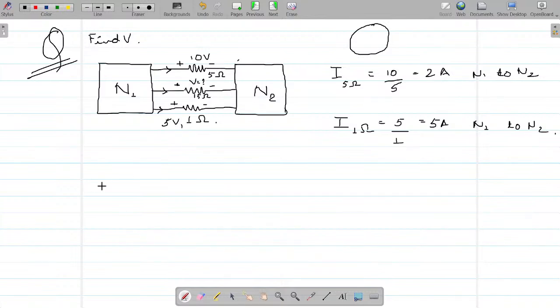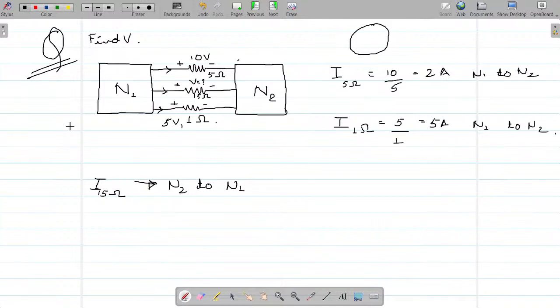So one thing that we have deduced is that the current in the 15 ohm branch should be from N2 to N1. Why? Because two branches are taking the current from N1 to N2, so there should be at least one taking it back, because current flows in a complete loop.